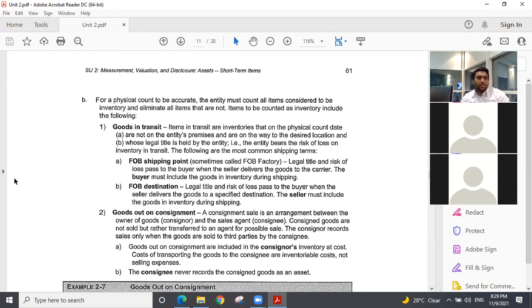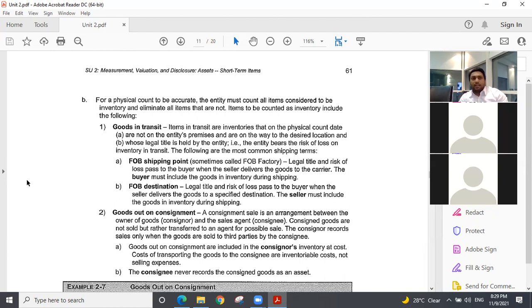FOB destination means the title of the goods will pass to me only when the goods reach my port or my destination. So the legal title and risk of loss pass to the buyer when the seller delivers the goods to a specified destination. The seller must include the goods in inventory during the shipping. Clear.